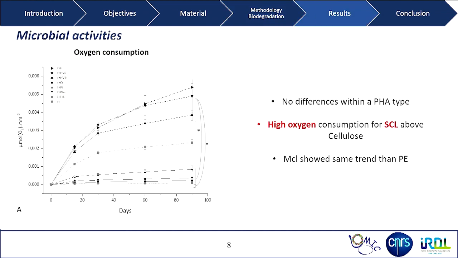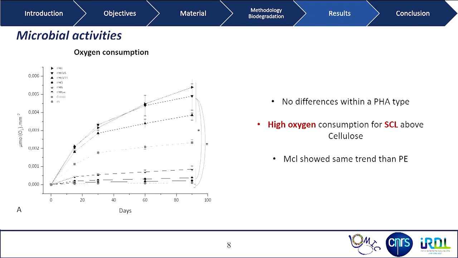So here is the microbial activity showing the oxygen consumption of the 6 PHA, but also the controls, cellulose and polyethylene. What we found at the beginning is that no differences were observed within a PHA type, I mean significantly. There is no difference here when we look at the short chain: this is PHB, PHBV6 and PHBV11.